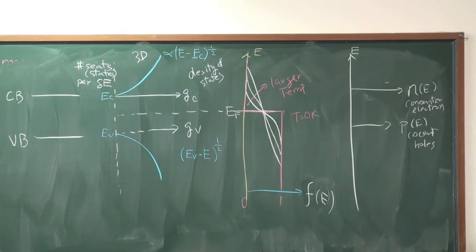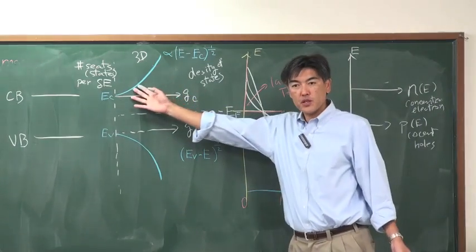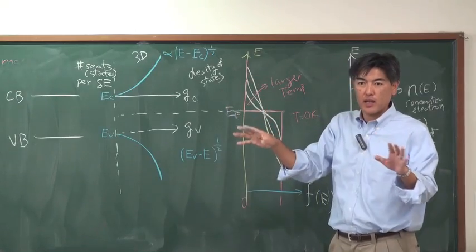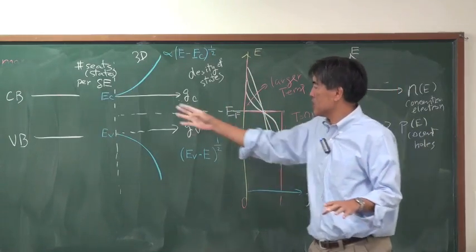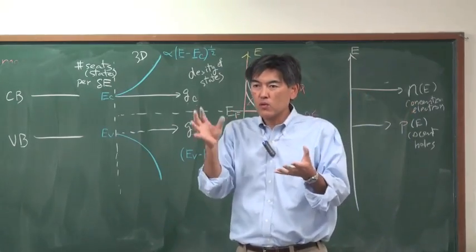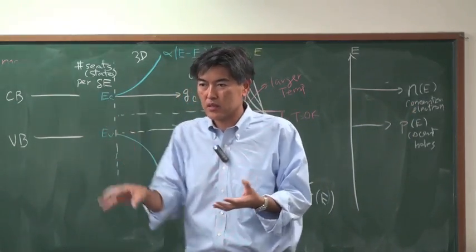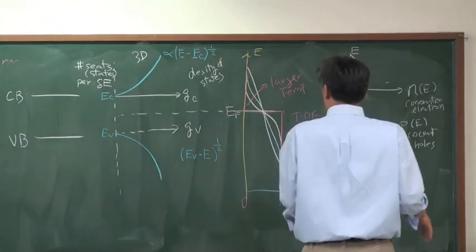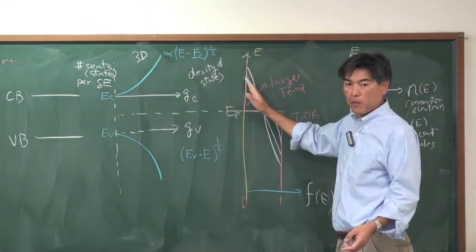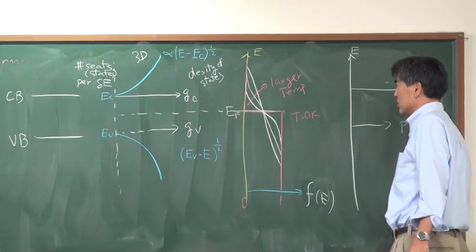And that is given by the seat distribution times the probability of finding electrons. There are seats. We know the seat distribution. Now we also know how probable it is to find electrons. So simply, the seat distribution times the probability of finding an electron actually is the concentration.